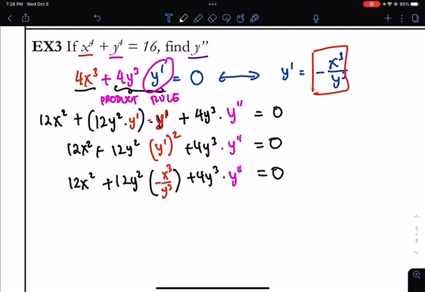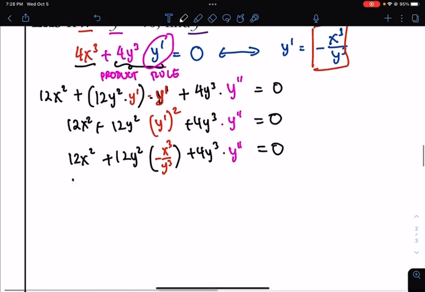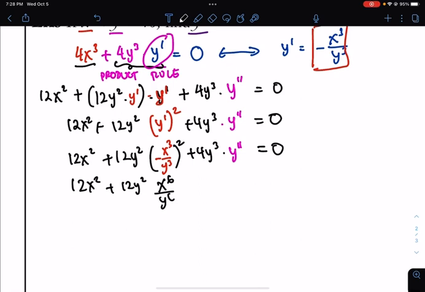And then we can simplify even further. I forgot the square. This square becomes x to the 6 over y to the 6. Remember the law of exponents, plus 4y cubed times y double prime.